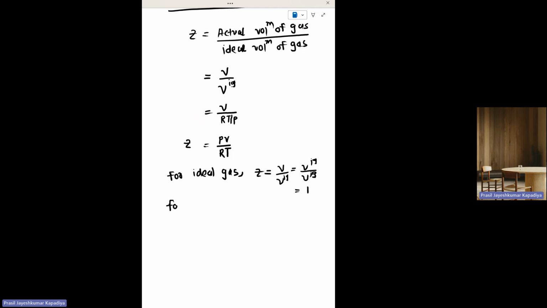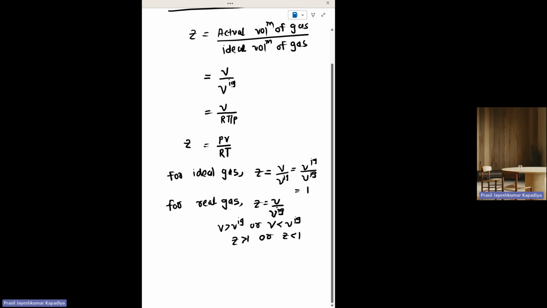For real gas, Z is equal to V by V ideal. But V can be greater than V ideal, or V can be less than V ideal. So based on this condition, for the real gas, Z can be greater than 1 or Z can be less than 1.